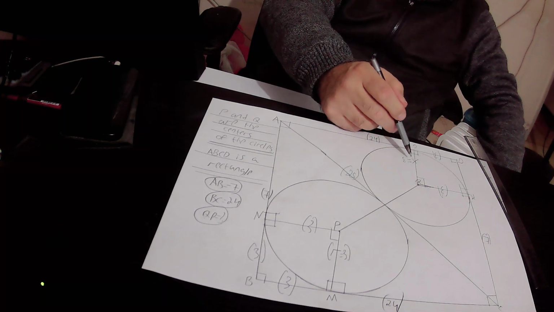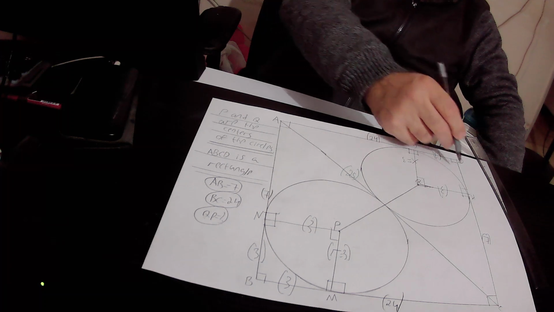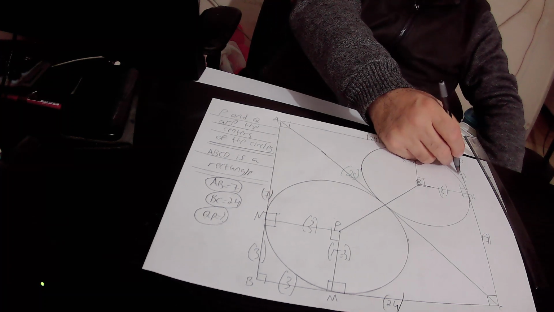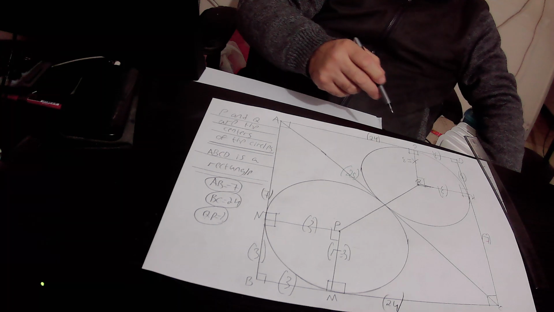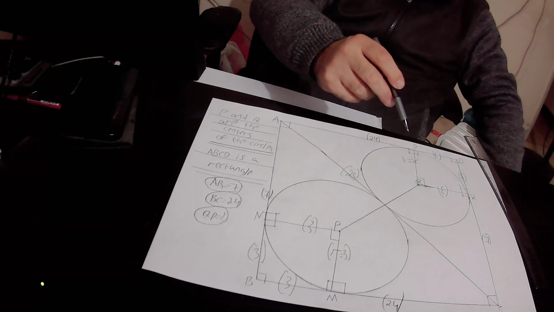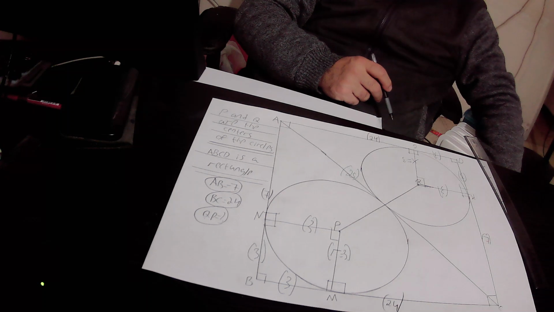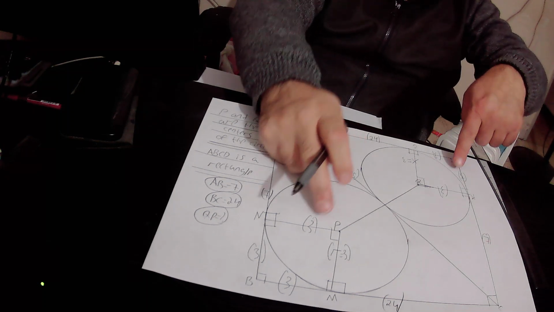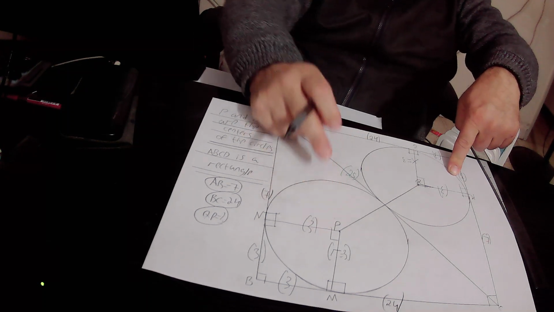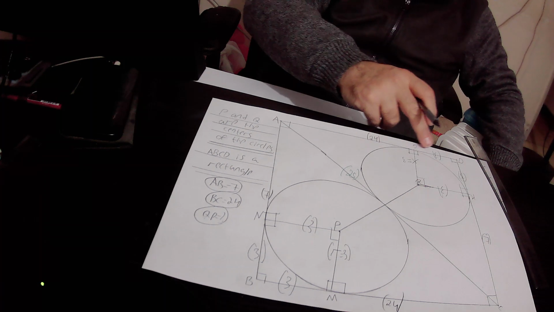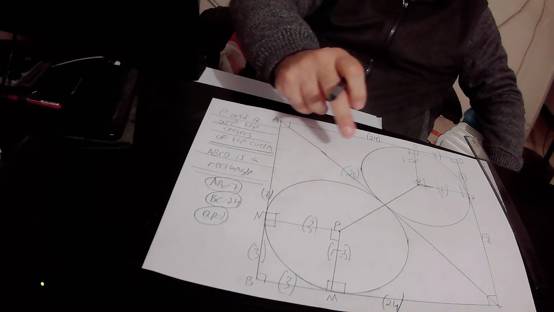But QG is 3, therefore KD must also be equal to 3 units. So we found out that quadrangle KQGD is not a rectangle but a square. Those two squares are identical to each other because each side of this square is equal to 3 units.